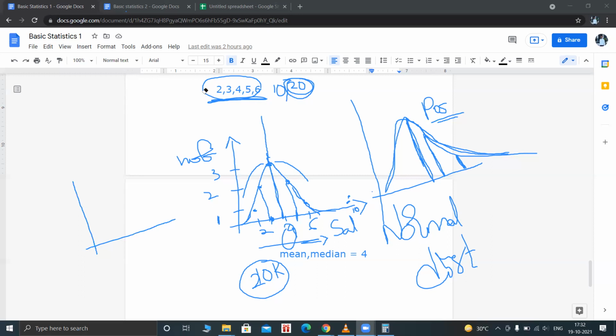Consider 0.1, guys. For these data points, 1, 2, 3, 4, 5, 6, you have added 0.1 salary. Now what was the mean if you add 0.1? What will be the mean now in this case?